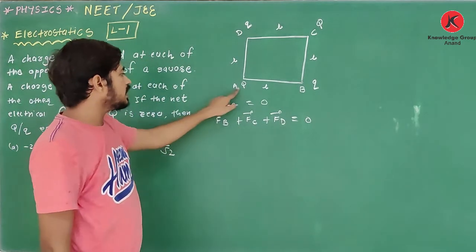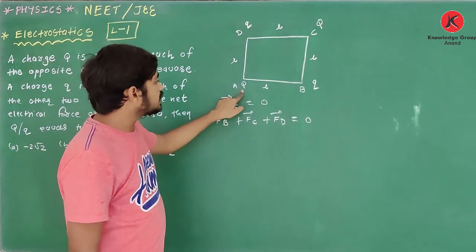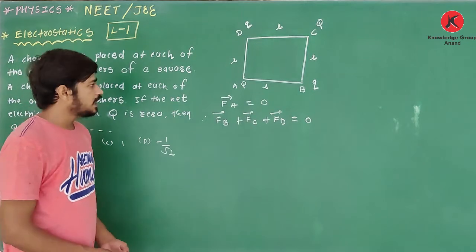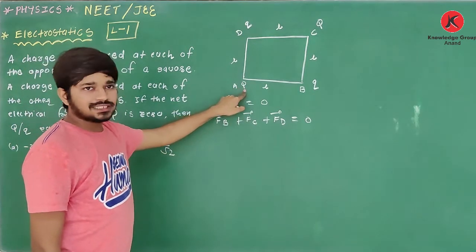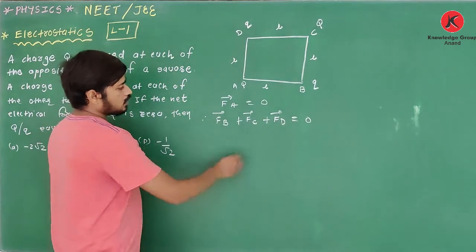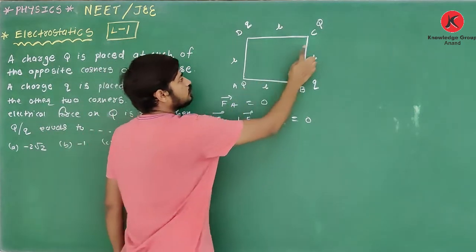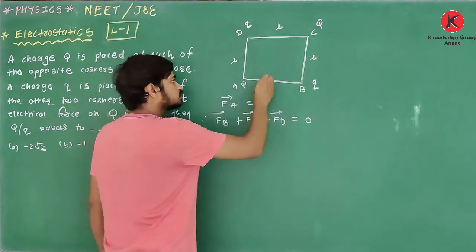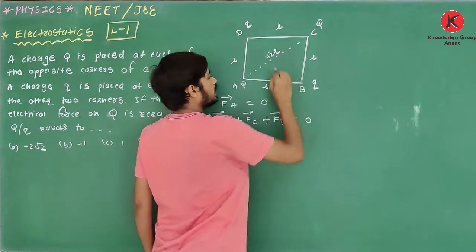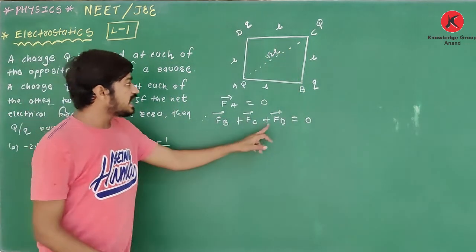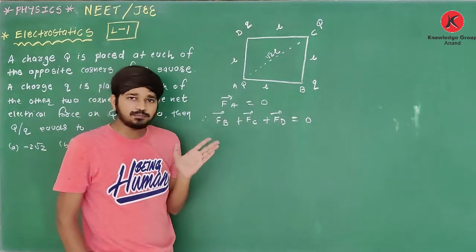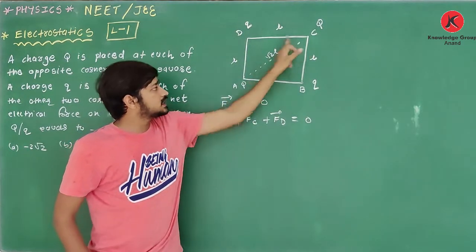Force acting on A due to B: this Q charge and this small q charge, the charge is Q and small q, distance between them is L. For FC, it is Q and it is Q, the distance between them, this distance, is root 2 L. And for FD, it is Q and small q, and the distance between them is L. So first of all, you have to identify pairs. Okay, first, second, and third one.